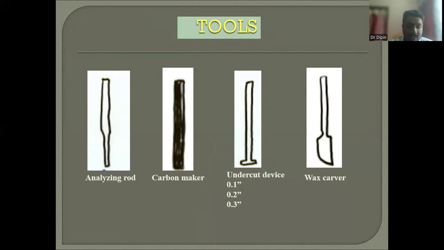The wax carver is used after the blockout procedures. Different types of blockout are there, like the arbitrary blockout, parallel blockout, shaped blockout. After doing the parallel or arbitrary blockout, we can reposition the cast on the surveying table and, by using a wax carver, remove the excess wax from that area. So that is a tool which is used.